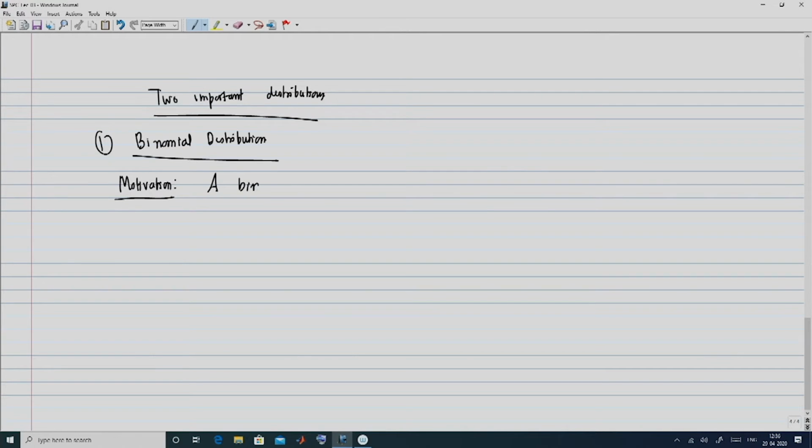So, the motivation is a binomial experiment, which is an experiment with two possible outcomes, and let me explain this in detail.